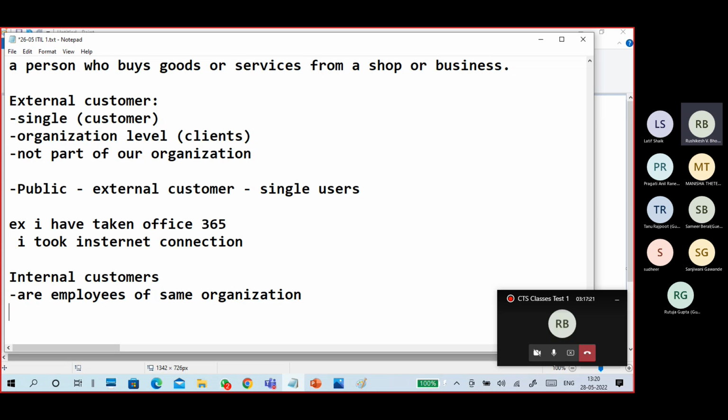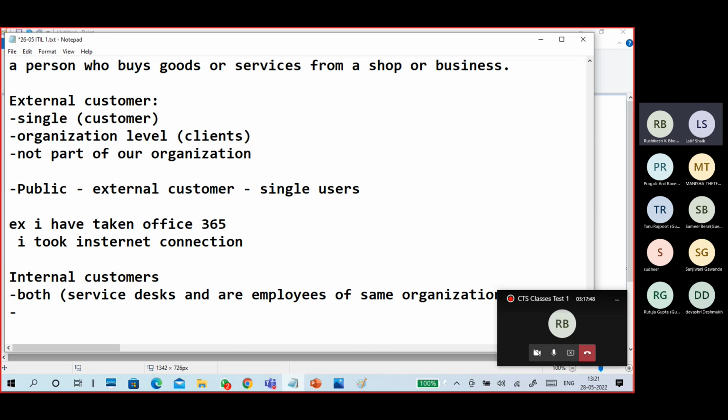Both the service desk guy and the other person are employees.